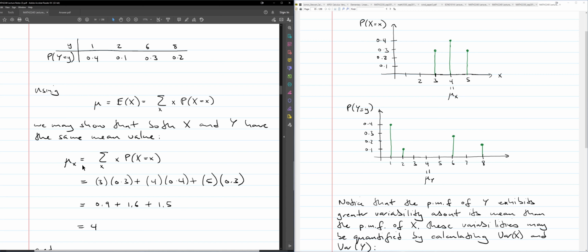So mu of x is the same as the expected value of x, and how you calculate it, as we saw already, is x times the probabilities.